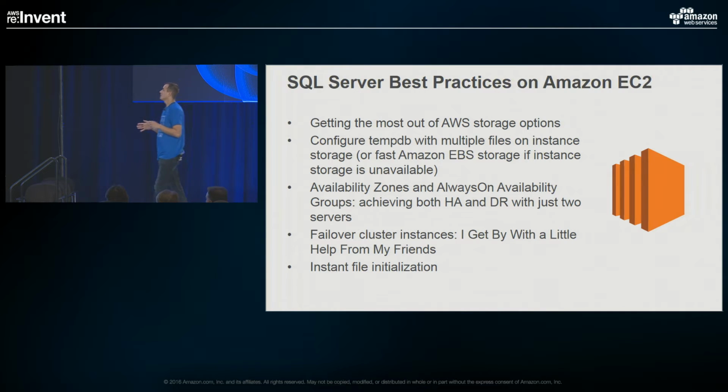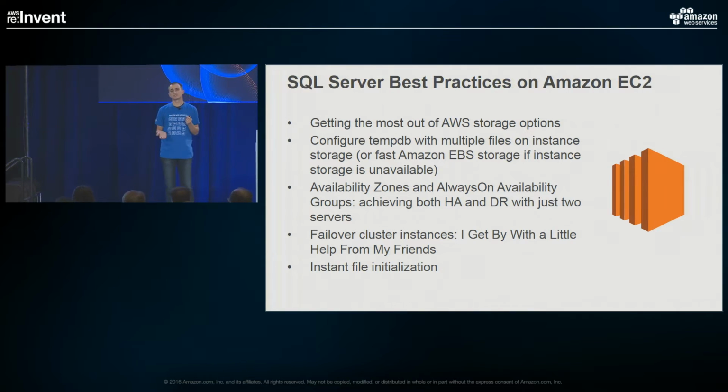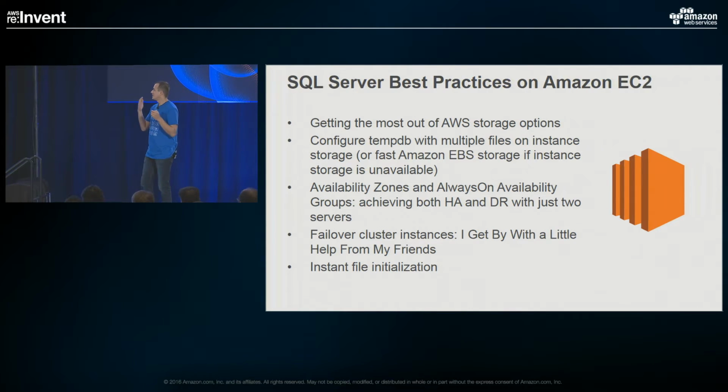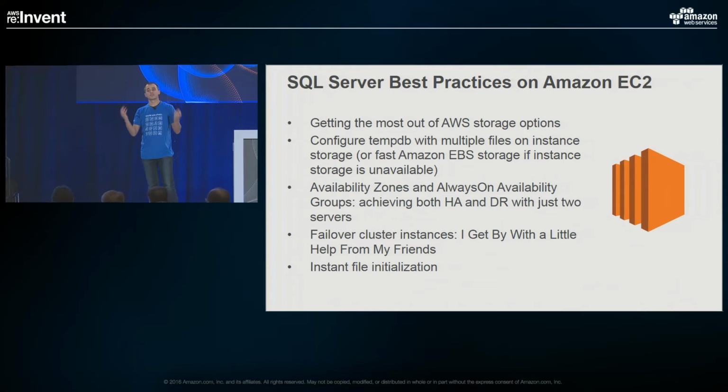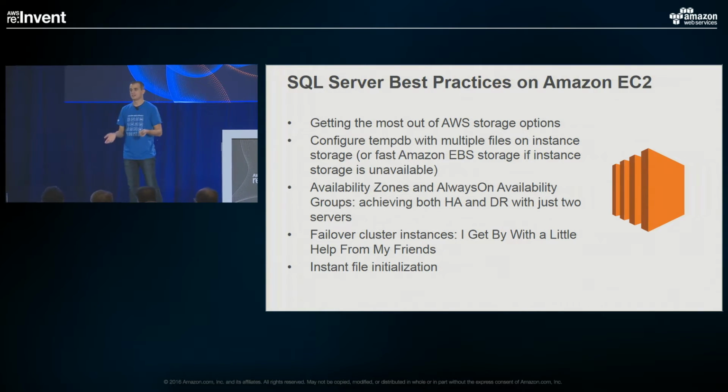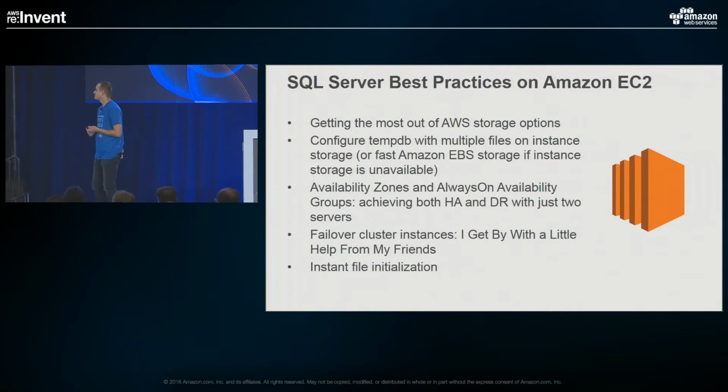So we'll focus on that. We're also going to discuss tempdb. And then the second area where I see a lot of customers having questions and potentially struggles are implementing high availability for SQL Server on AWS, on the various editions that are available on AWS.